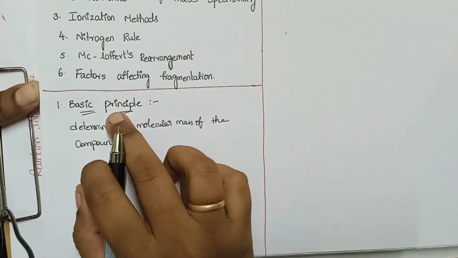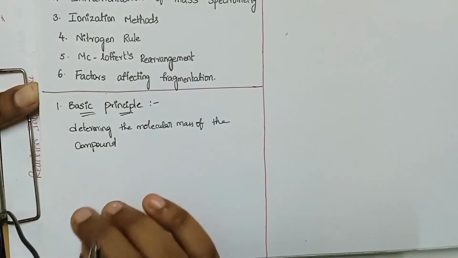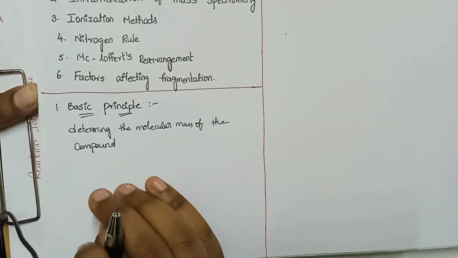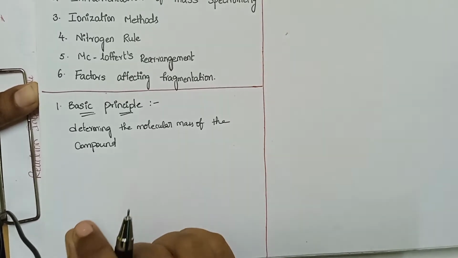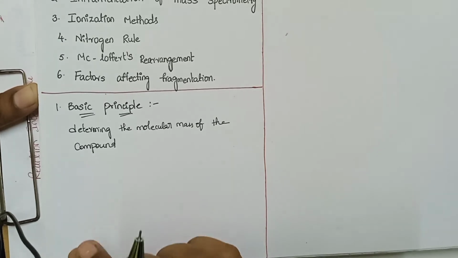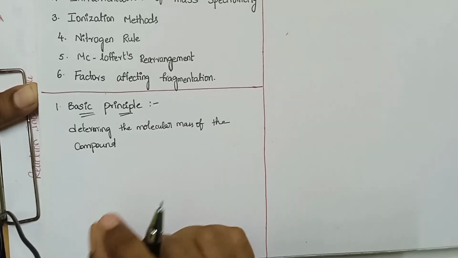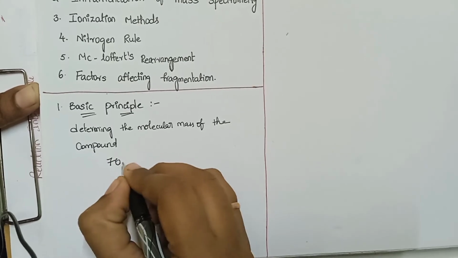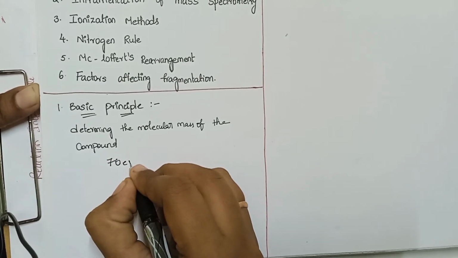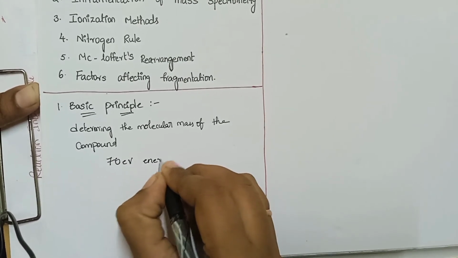In this technique, the organic compound is first vaporized and it is bombarded with a beam of high energy electrons. The electrons have 70 electron volt energy.